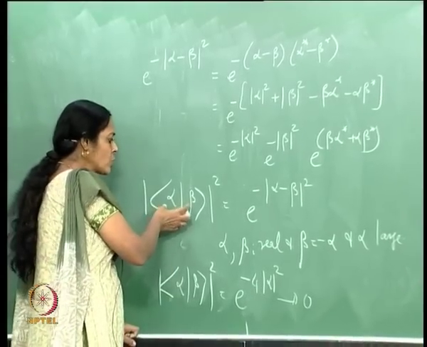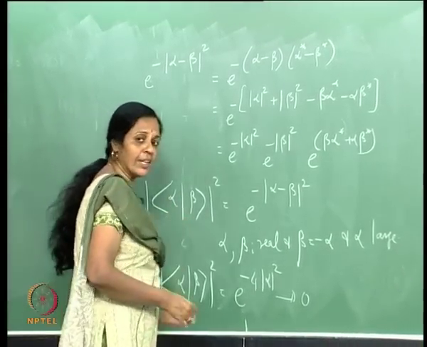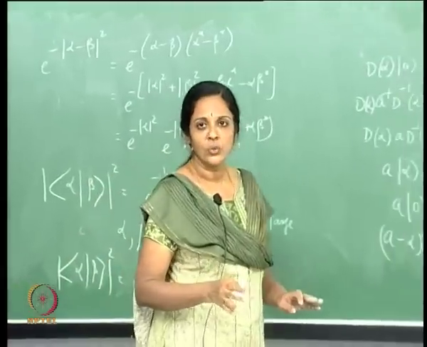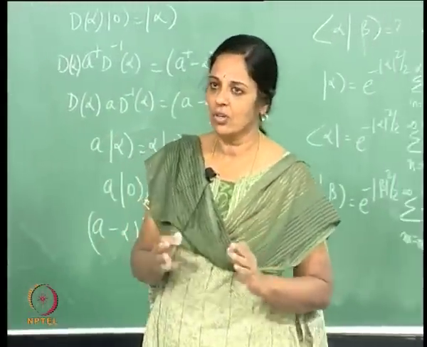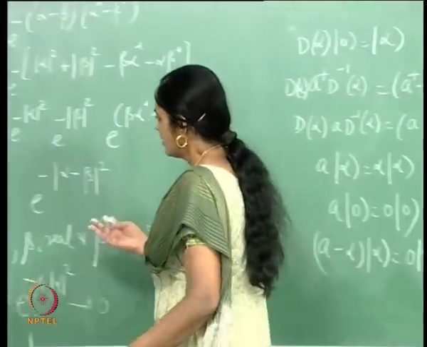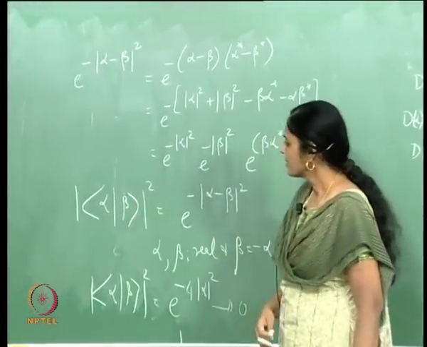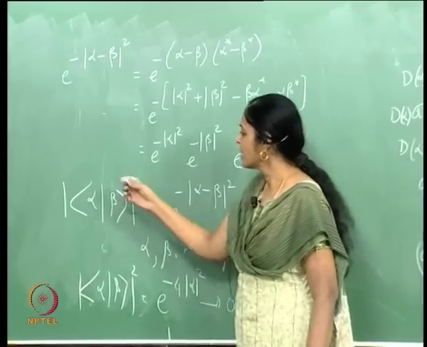And therefore, these two states ket alpha and ket beta, which are not orthogonal to each other, can be approximated to being orthogonal to each other, provided beta is taken to be minus alpha and alpha itself is large.